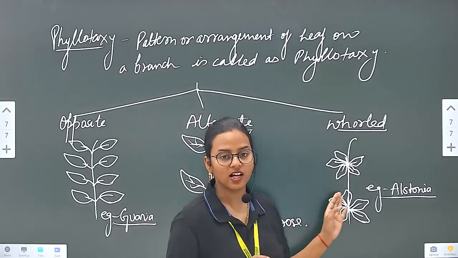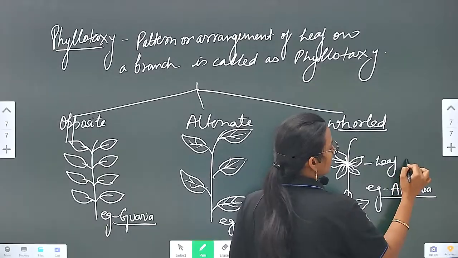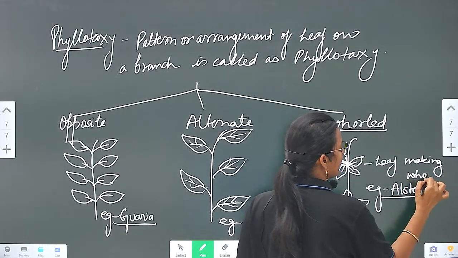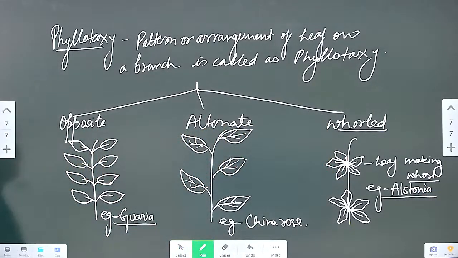This is not a flower. This is actually leaves only. Leaves making a whorl is simply called as what? The word is phyllotaxy. Is that clear to everyone? So this is all about the phyllotaxy of leaves. Is that clear?